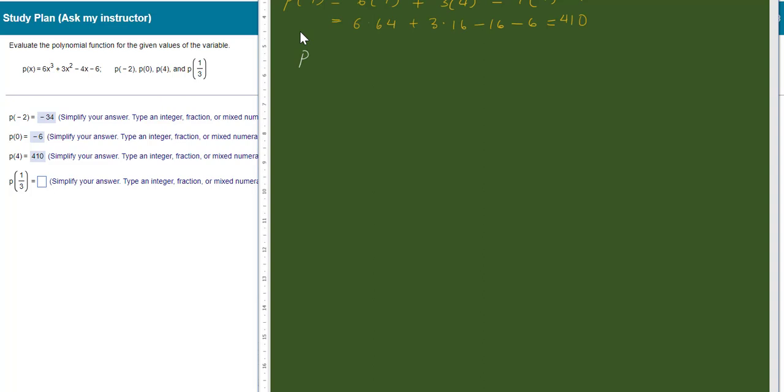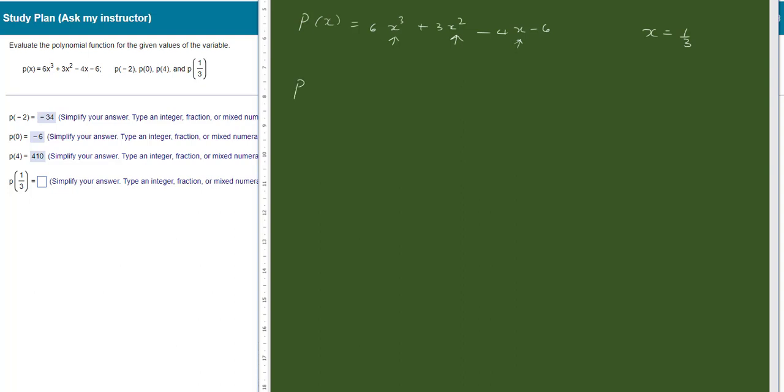So if p(x) is equal to 6x cubed plus 3x squared minus 4x minus 6, and x is given to be 1/3, you're going to replace every x with 1/3.